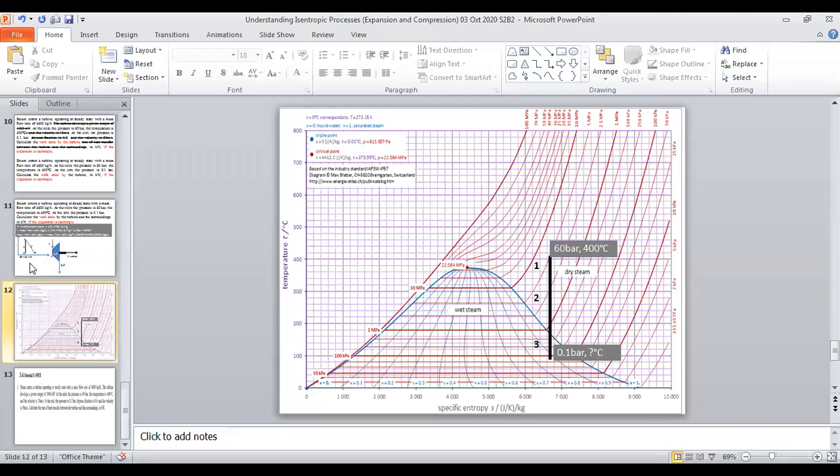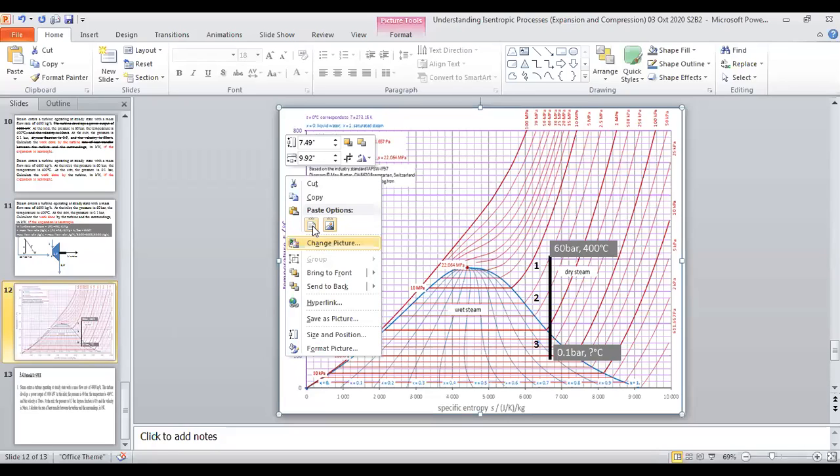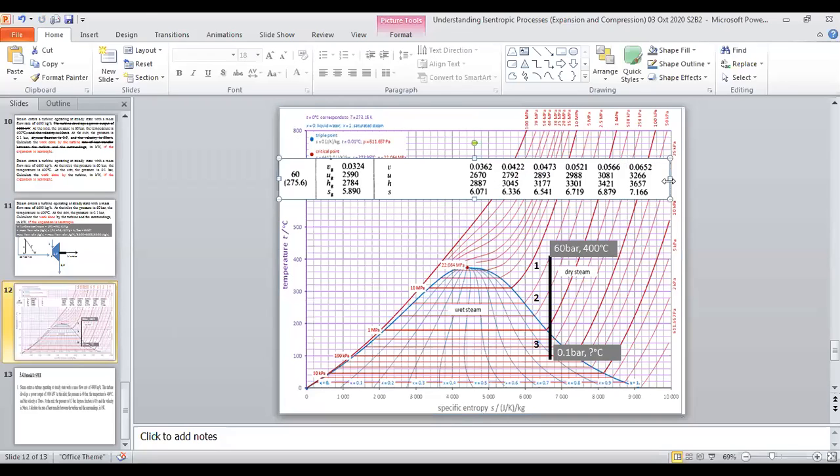I will take it and paste it here. So this is your line from the data, and you have to see where this 400 is.